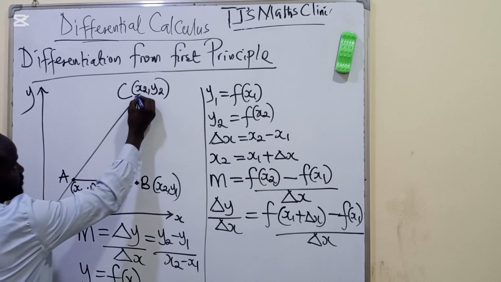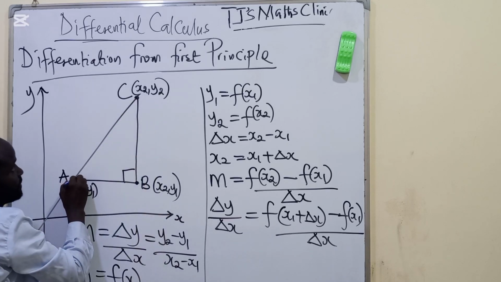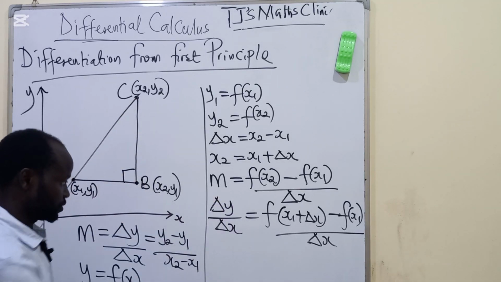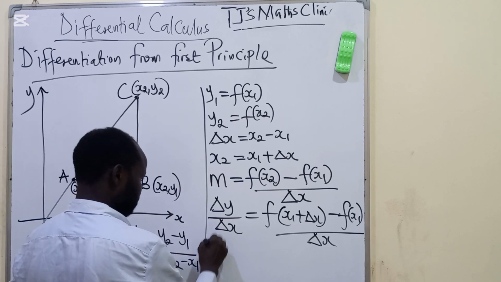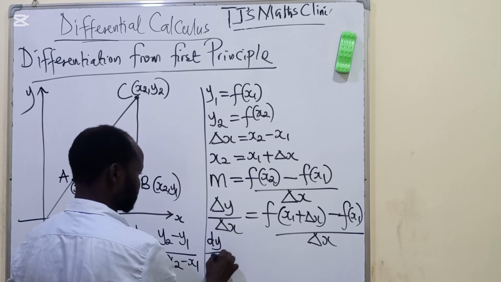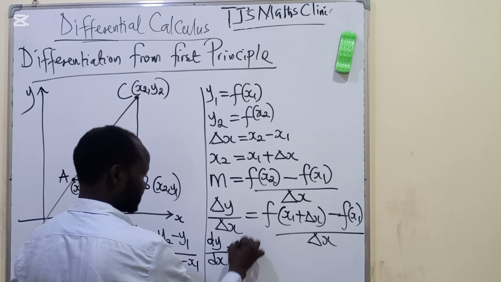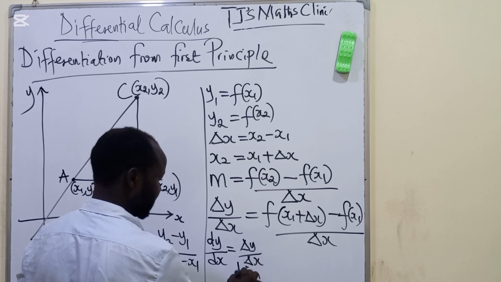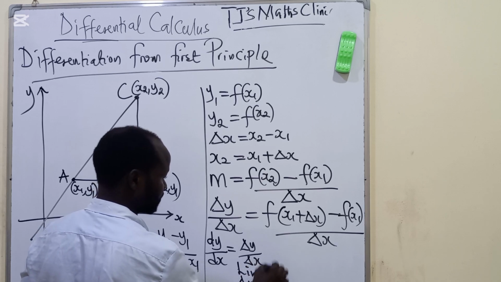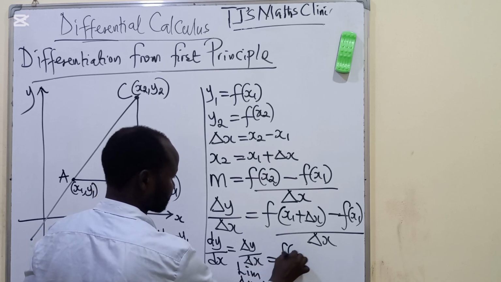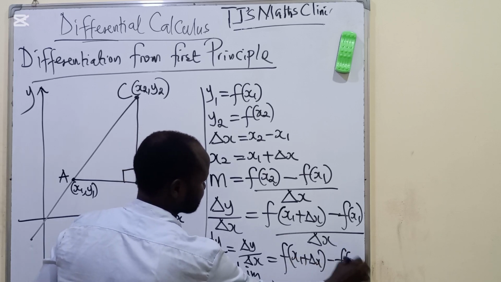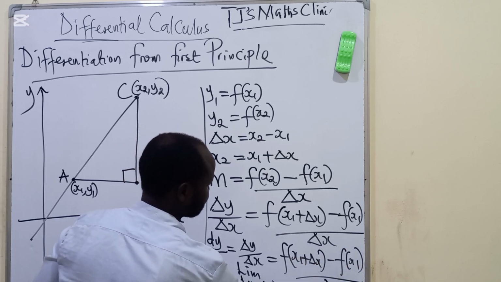So we can deduce that the change in y with respect to change in x, delta y divided by delta x, as the limit of delta x tends to 0, will be equal to f of x1 plus delta x minus f of x1, divided by delta x.